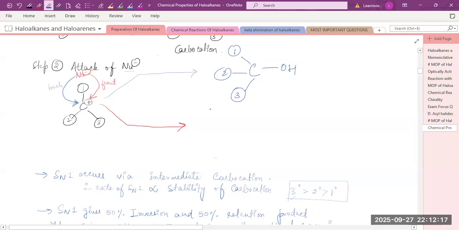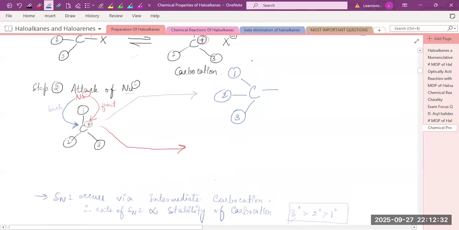Now, second one. This is the product when the nucleophile attacks. And you can show the nucleophile here, because I have not written what the nucleophile is over here.